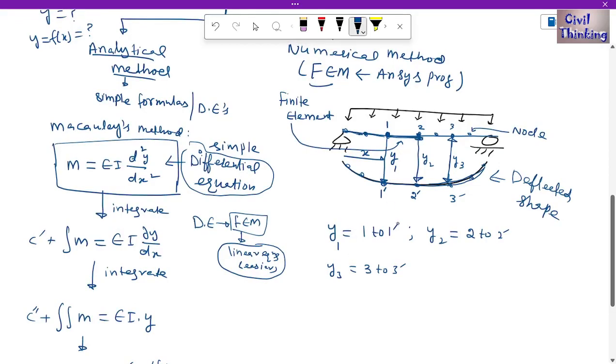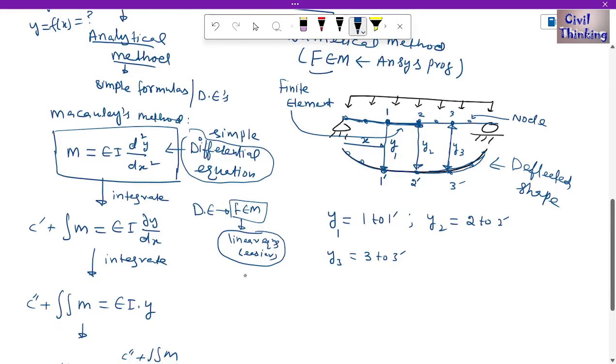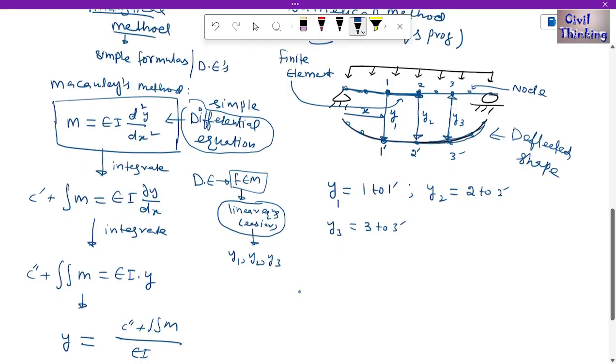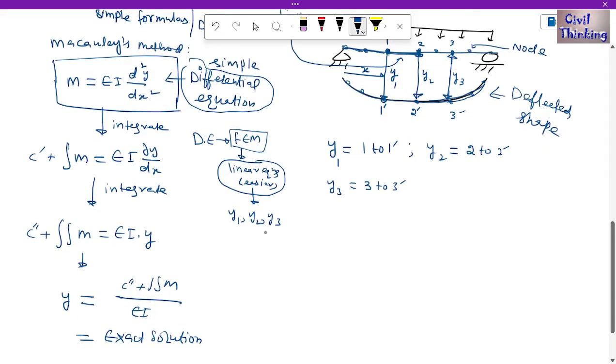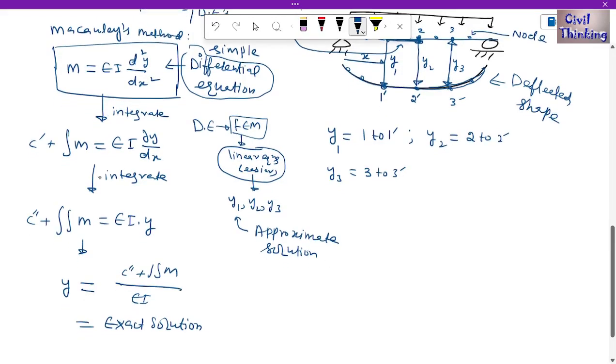Then we solve for y1, y2, y3, and we get these values. Here we get the general y, but there we get y1, y2, y3. This is an approximate solution, but in the analytic method we get the exact, or accurate, solution.